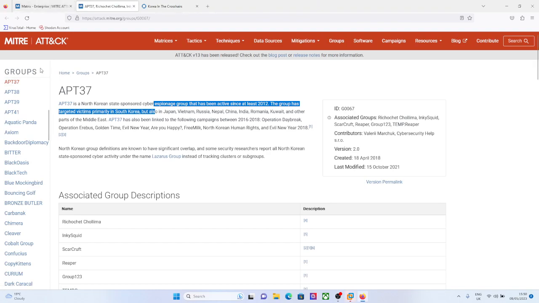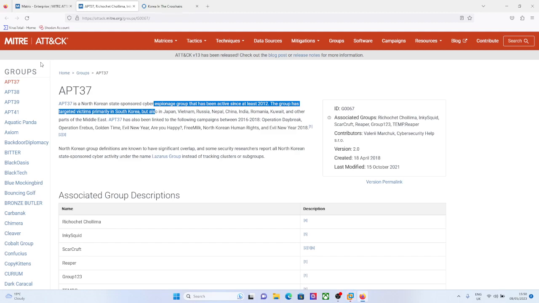TLDR, MITRE ATT&CK is a good framework, but it is not the magic silver bullet, because there might be some undiscovered techniques, or there might be use of some zero days, and it is only related to some countries' activities.